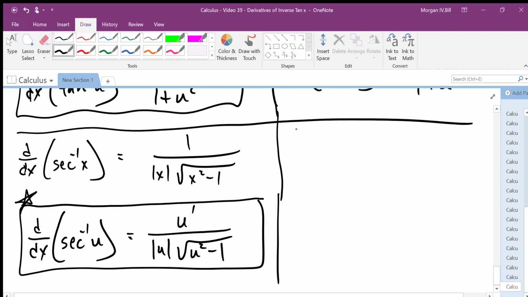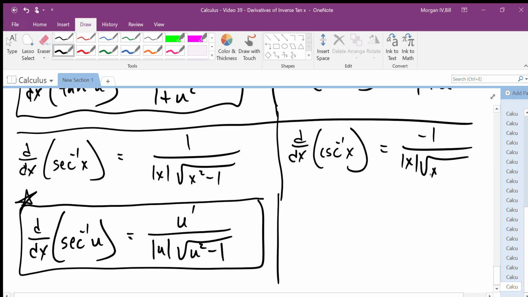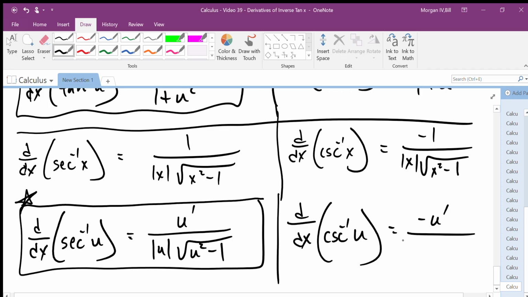We could find then the derivative of inverse cosecant of x as negative 1 over absolute value of x square root x squared minus 1. Remember that the slope of the inverse cosecant is always negative. Whereas, you just extend that, the derivative of the cosecant inverse of u is negative u prime over absolute value of u square root u squared minus 1. But again, the inverse secant of u derivative, that's the one I want you to know.